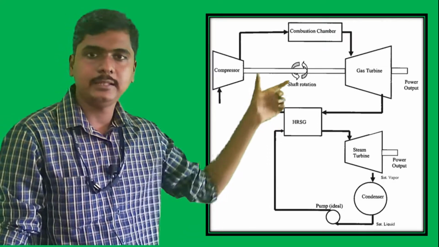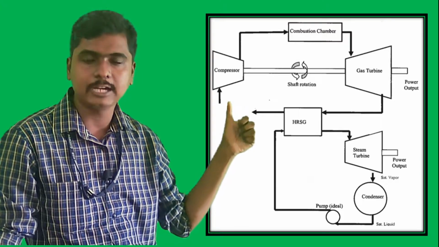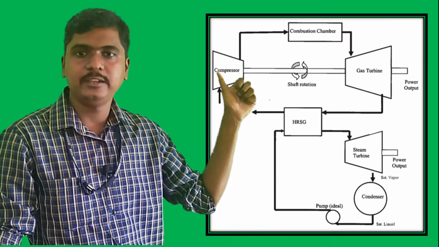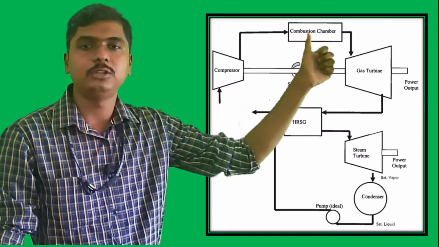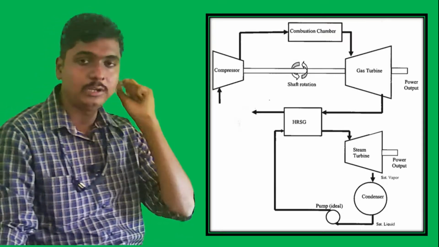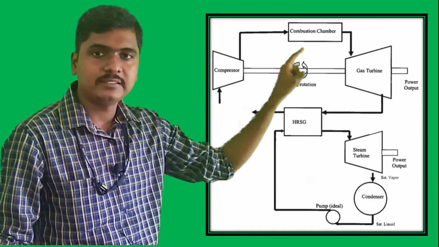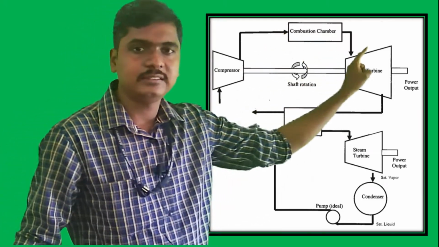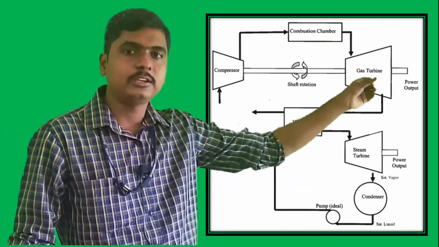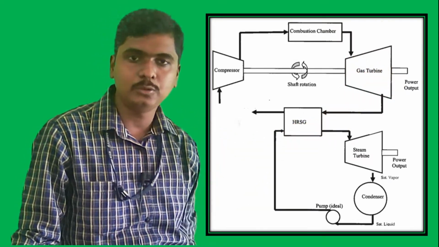As I told you, in an open cycle gas turbine, the compressor first draws in the atmospheric air and compresses it. That air is supplied to the combustion chamber, where burning of air and fuel takes place and the temperature increases at constant pressure. The high temperature gases are then supplied to the gas turbine, where expansion takes place and we get mechanical work output.